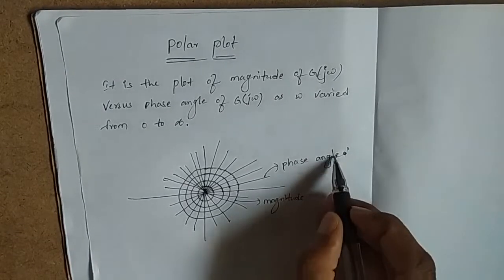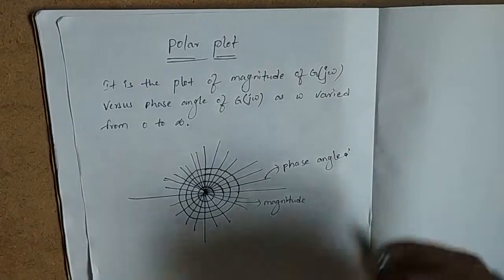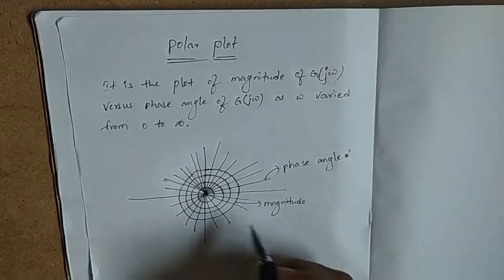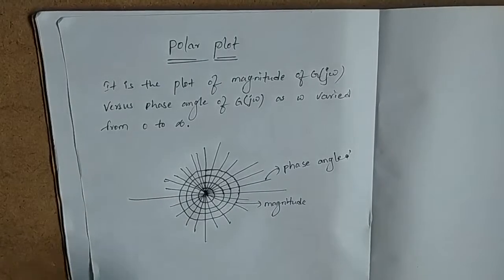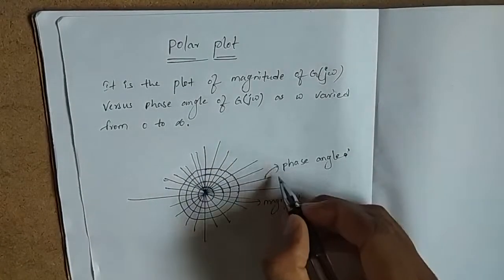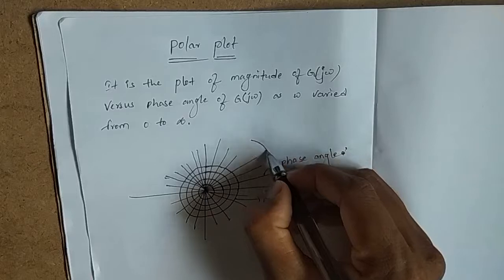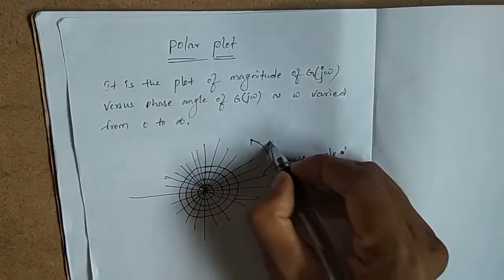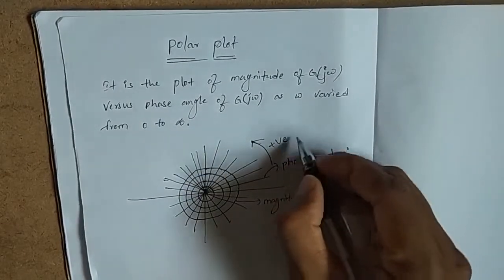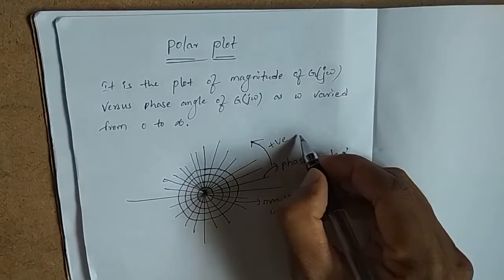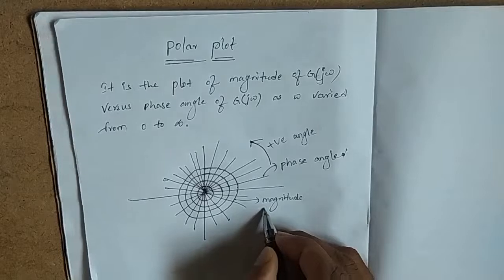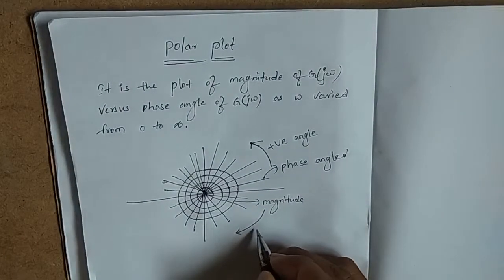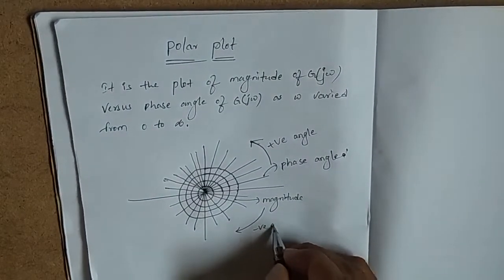Based on the phase angle of G(jω), we can point the magnitude of G(jω). The anti-clockwise direction gives positive angle, and the clockwise direction gives negative angle.